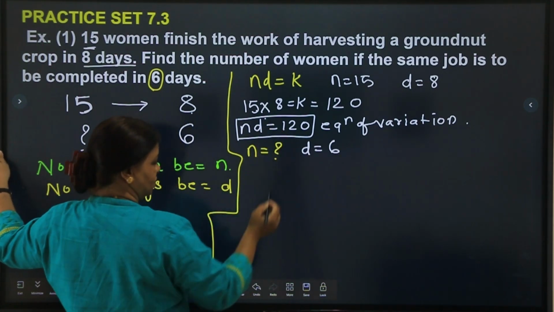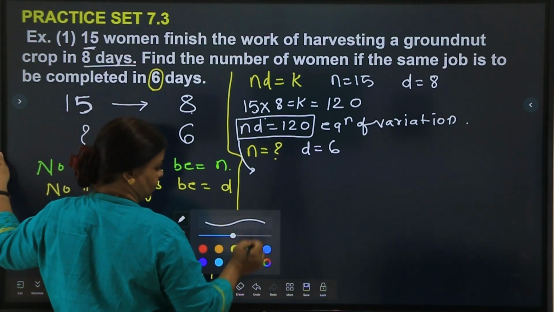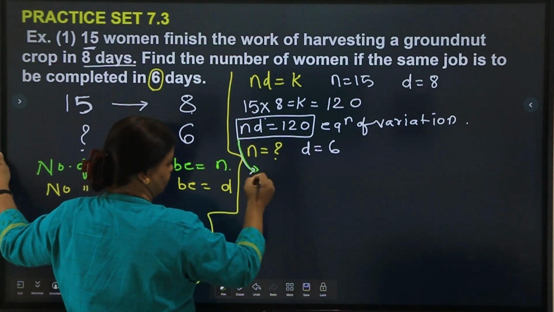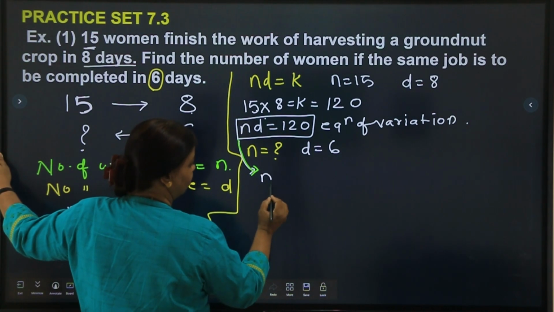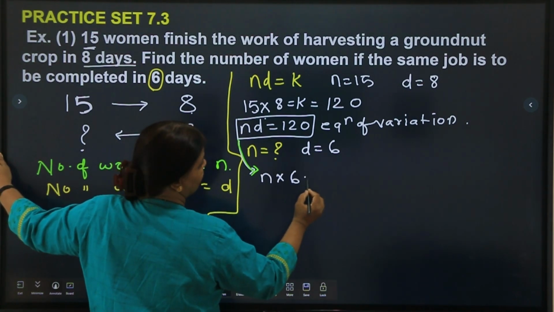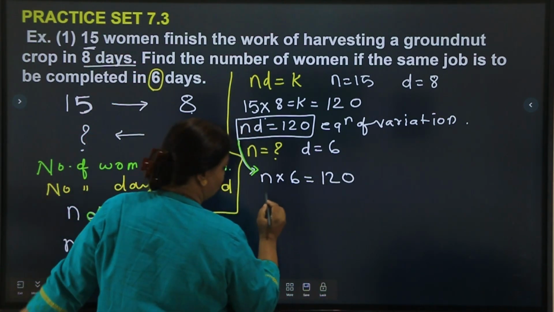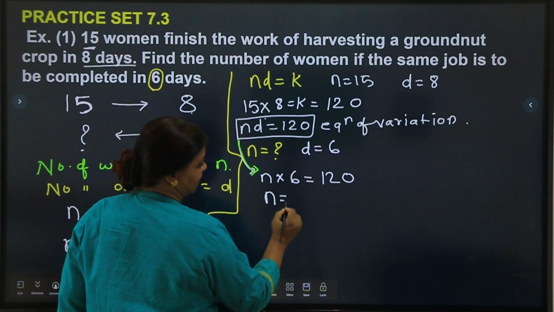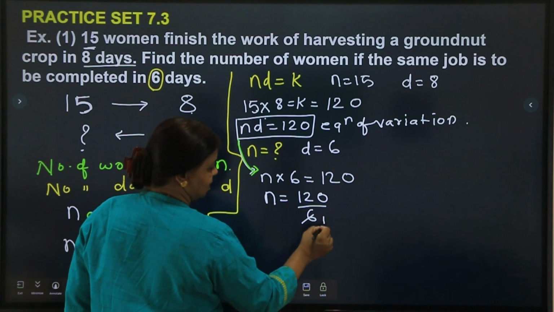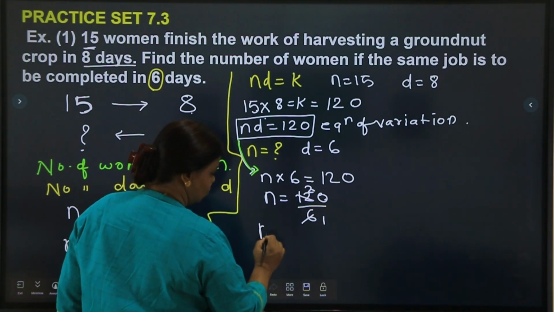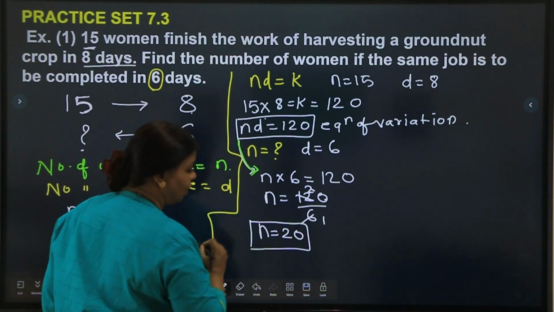Let us use this equation. n is what we want to find out. d is given 6, is equal to 120. So n will remain where it is, 120 upon 6. 6 ones are 6, 6 twos are 12, that is 20. So the number of women required would be 20.